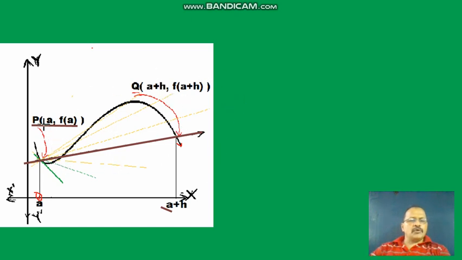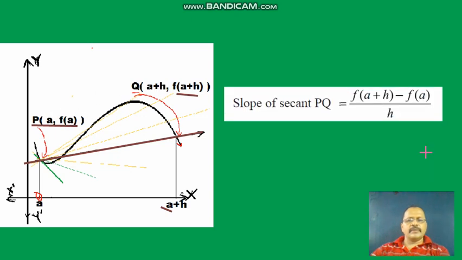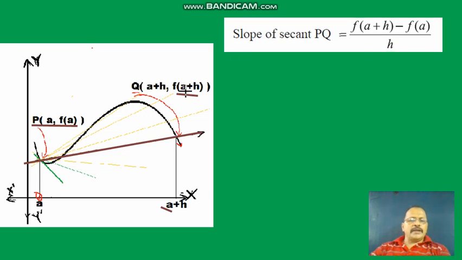For that, I am going to use the formula of slope, y2 minus y1 upon x2 minus x1. y2 is f of a plus h, therefore the slope of secant PQ is f of a plus h minus f(a) divided by h.